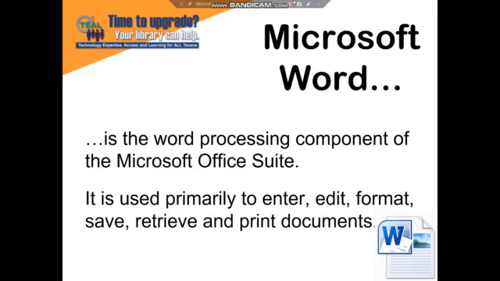Now, Microsoft Word is primarily used to enter, edit, format, save, retrieve, and print documents. Okay, so what is the main function of Microsoft Word? It is used to enter, edit, format, save, retrieve, and print the document.